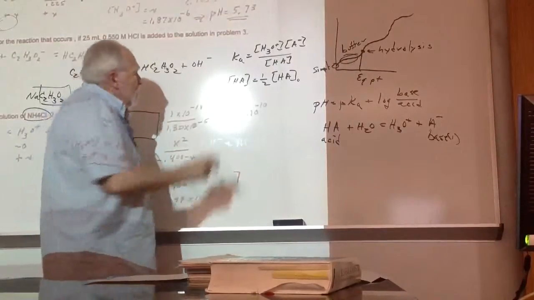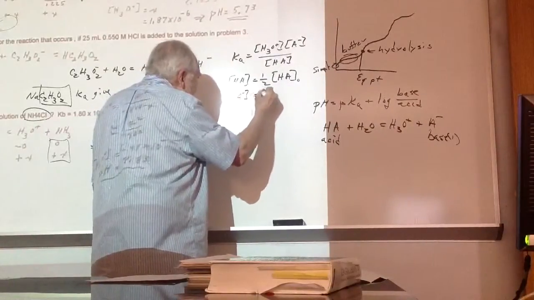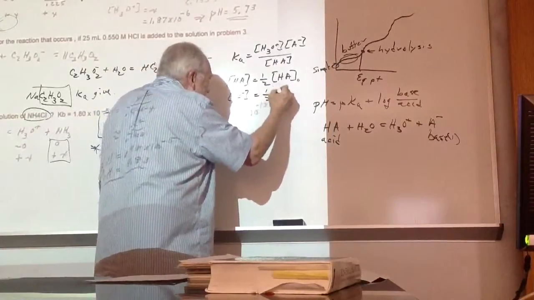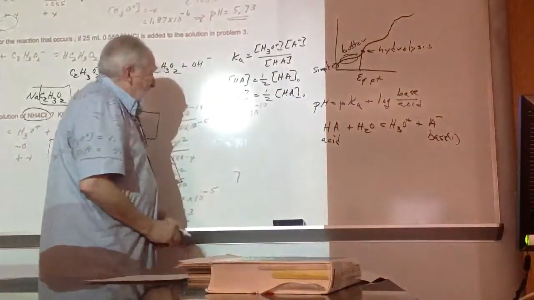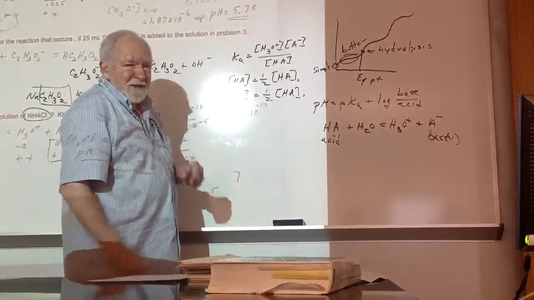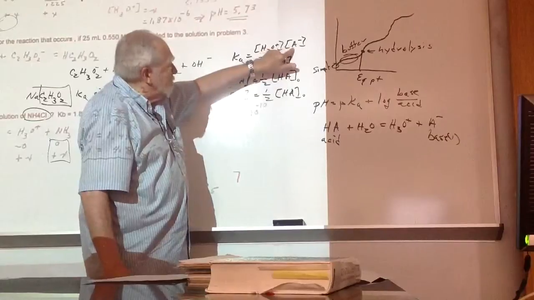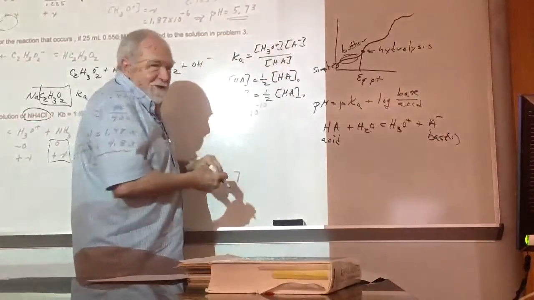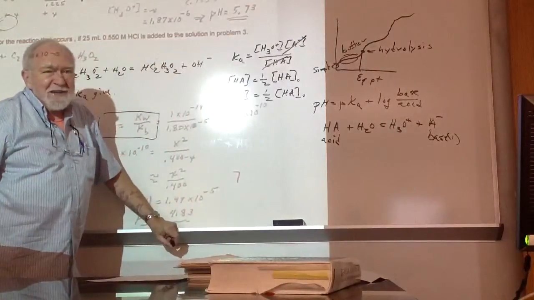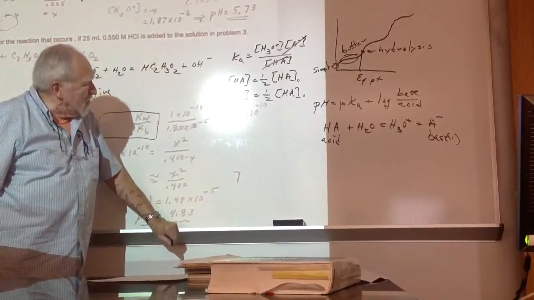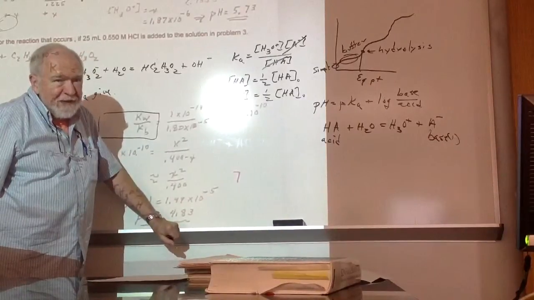Okay? And what's the other thing? Basically, these two numbers are the same number. So I said if you're at the half equivalence point, there's half of this left, and half of it's been converted to this. So these two numbers are the same. So they cancel out. And then you have Ka equals hydrogen ion, or you take the negative log of both sides, pKa is equal to the pH.